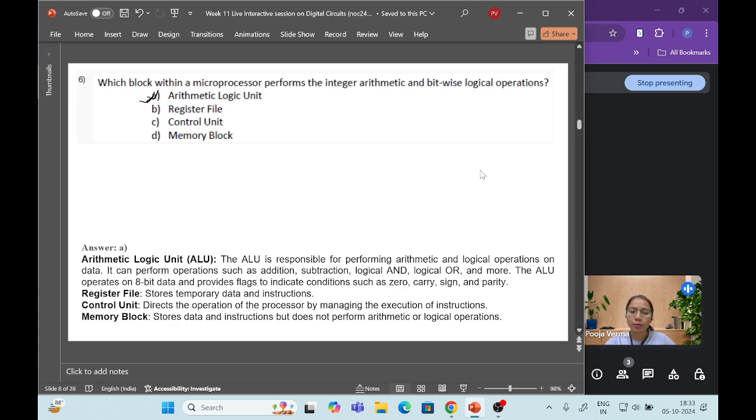It can perform operations such as addition, subtraction, and many more functions. So option A is the correct answer to this question.